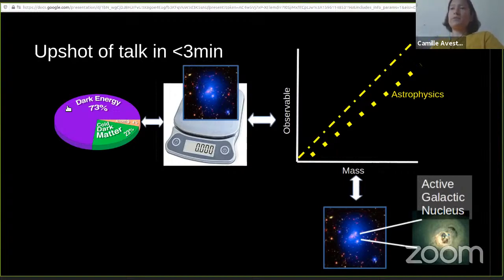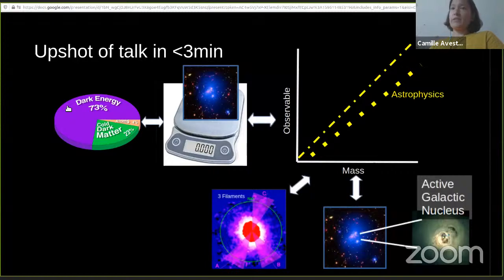So for example, in the central regions of galaxy clusters, we have non-thermal support coming from active galactic nuclei and cooling and star formation and all of these things going on in that core. And then in the outer regions of galaxy clusters, we have this cosmic feeding activity coming in from filamentary structures.